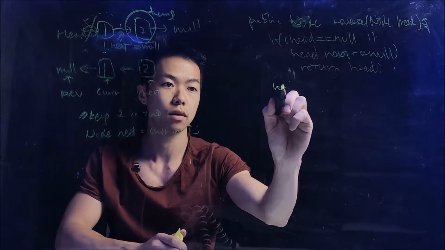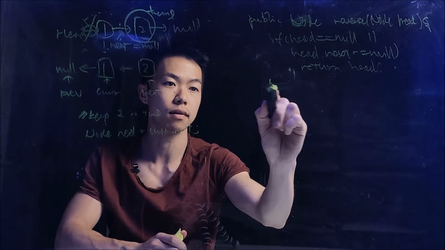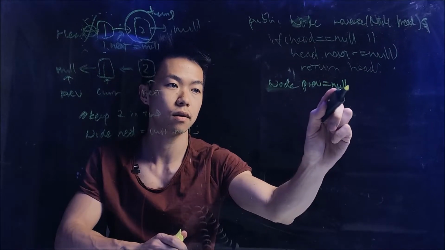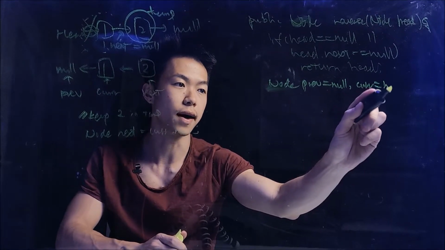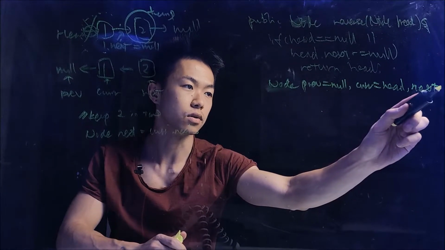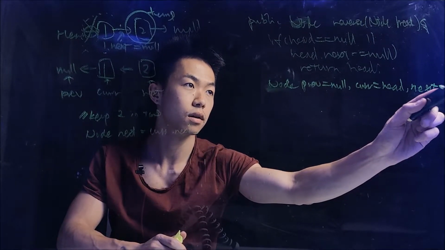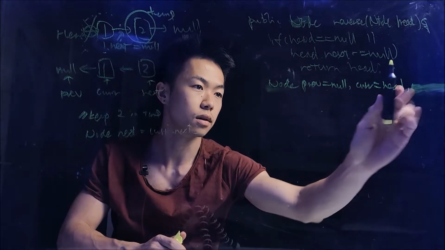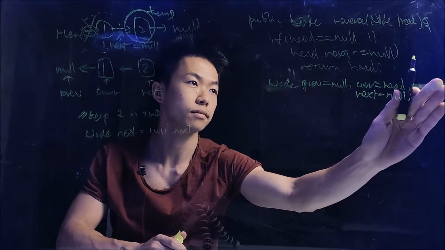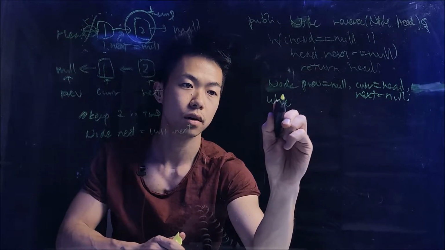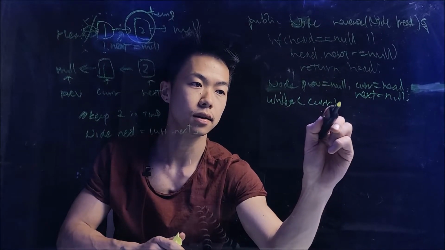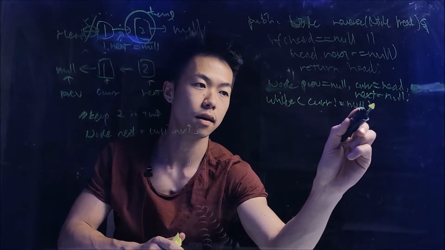So we're gonna have node prev is null, current is set to head, and then next is set to null. And then we're gonna have a while loop while current is not equal to null.